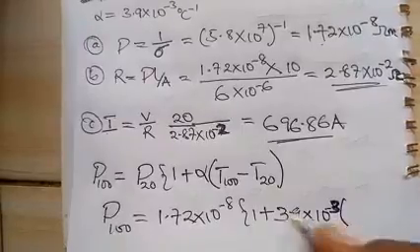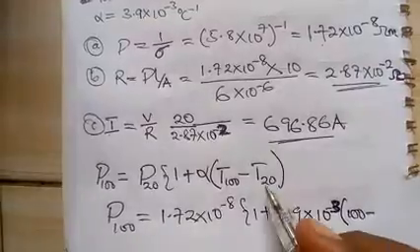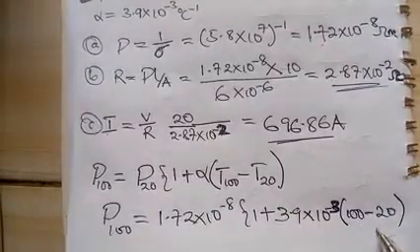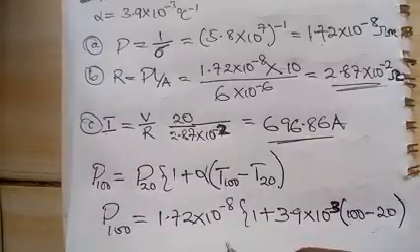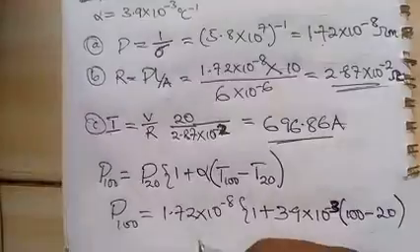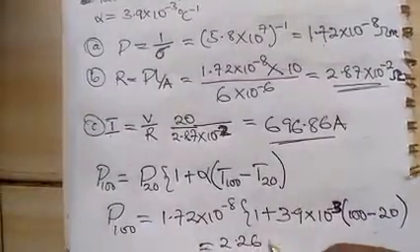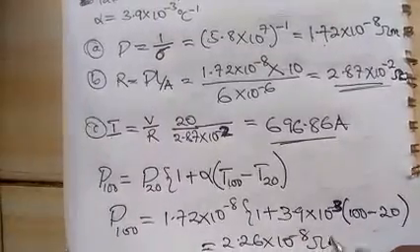So we now have temperature 100 minus temperature 20, which is 80. If we calculate everything, multiplying by 80, we're going to have 2.26 times 10 raised to power minus 8 ohm meter.